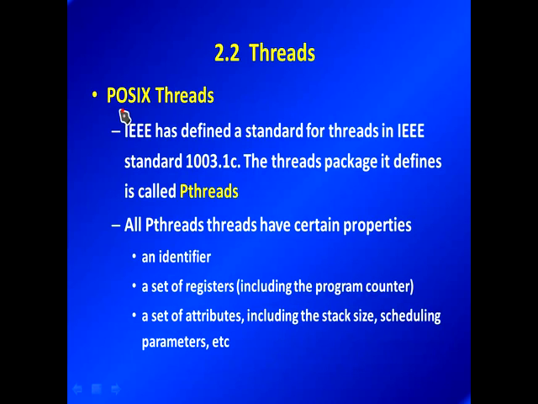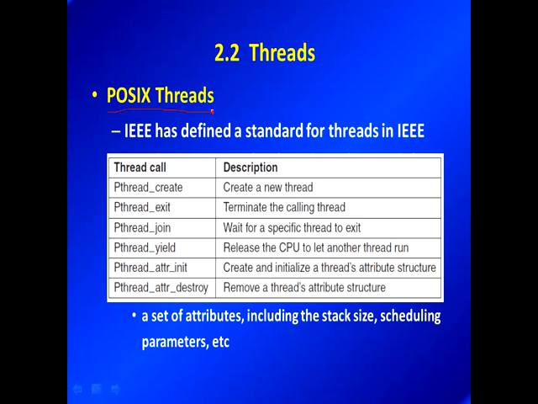The last part is about the popular POSIX threads. It's just a standard for threads proposed by IEEE. If you are interested in the implementation of threads, you can check this standard after the class, because there are many different thread calls in the standard responsible for different things.